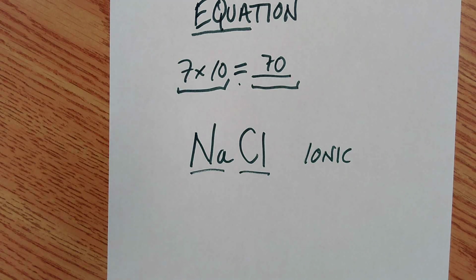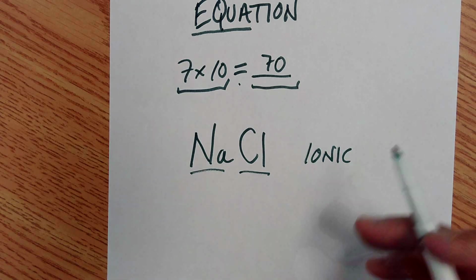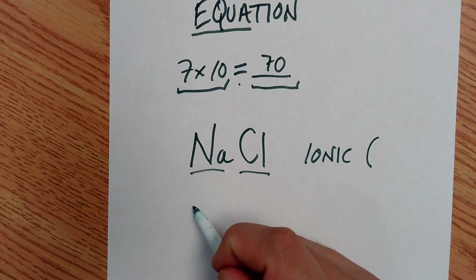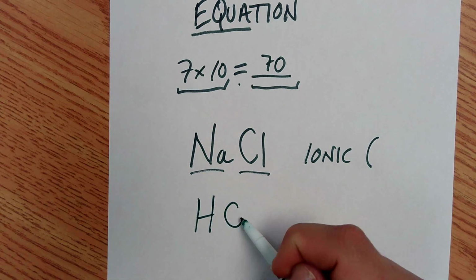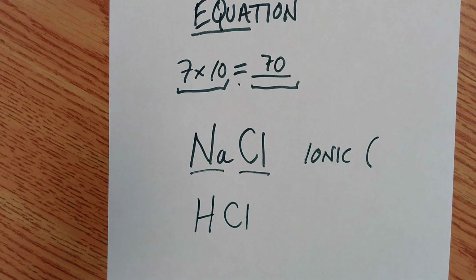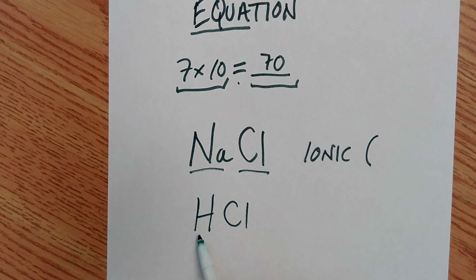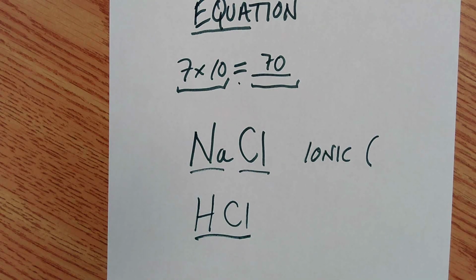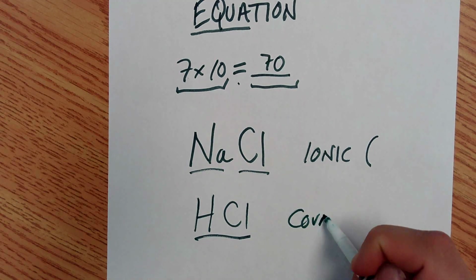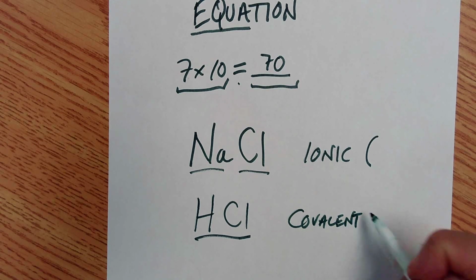And then we talked about some covalent bonds, right? Where we had something like hydrogen and chlorine, right? Hydrochloric acid. These are two nonmetals. This is a metal and a nonmetal. Ionic bonds work differently than covalent bonds.